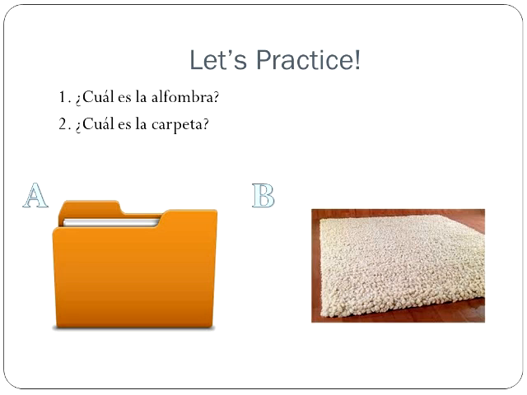A o B. B. La alfombra es, muy bien, B. Sí. Y esta es la carpeta. La carpeta is a folder. A lot of people confuse it and say it's carpet, but it's incorrect.